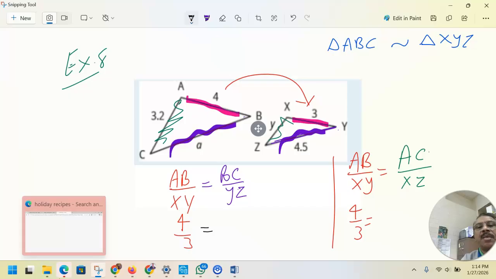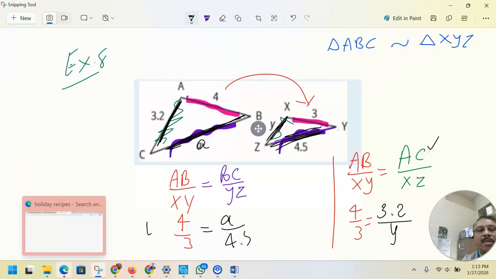This BC is A, which we don't know, so let's put A. And YZ is 4.5. Likewise, on the other side, AC is this piece, which is 3.2, the green color, and XZ is y.